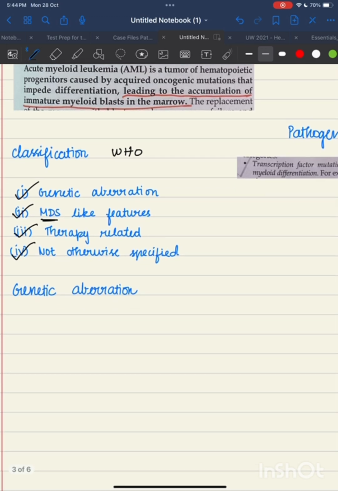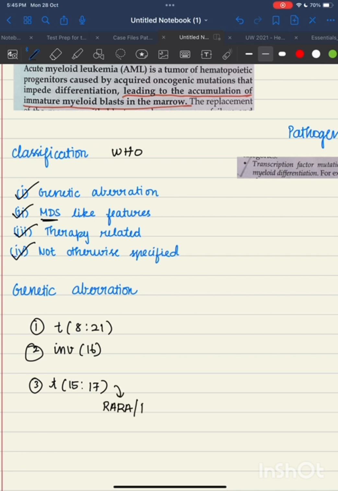What are the genetic aberrations we see in AML? Very important one is t(8;21). It's very important. Then we see inv(16), that is also important. Then we see t(15;17), along with this we see the RARA-PML fusion gene.